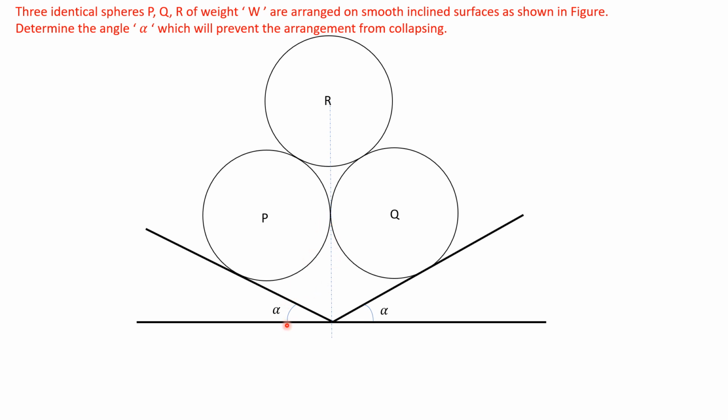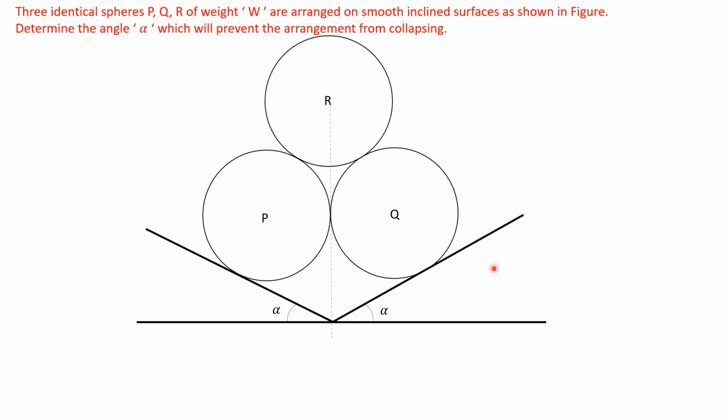Say these surfaces are first horizontal and they are inclined slowly, and we have to find at what contact point they touch, or at what point the surfaces are tilted down such that the contact point breaks.